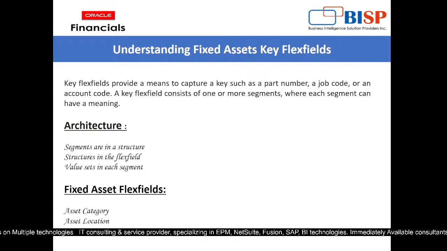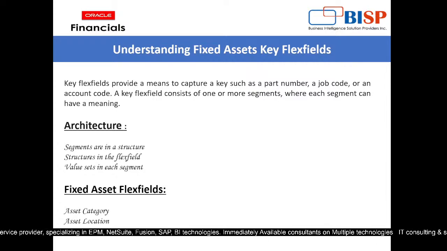As I have already told you, in general ledger configuration, we configure the chart of accounts, value sets, structure instance, and provide the values. In the same manner, we will be configuring 3 flex fields in fixed assets. The first one will be asset category, which will help to create categories and group assets by financial information in relevant categories.